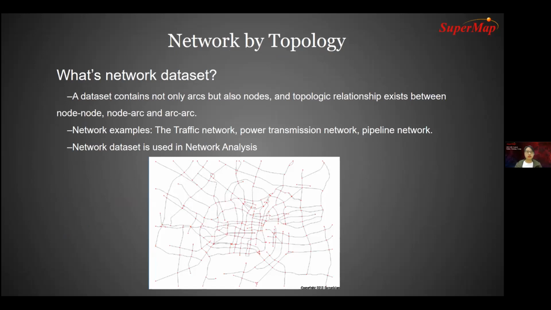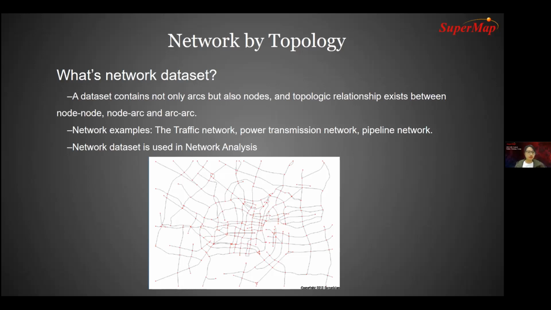You may wonder what the network dataset is. The network dataset contains not only arcs but also nodes, and the topology relationship exists between node and node, or node and arc, and arc and arc.